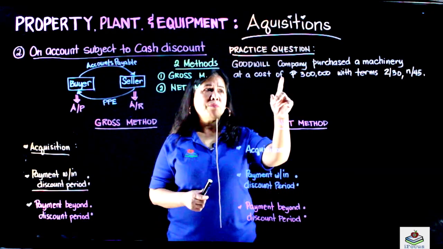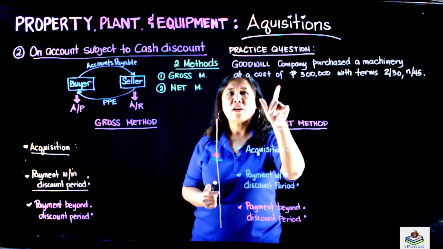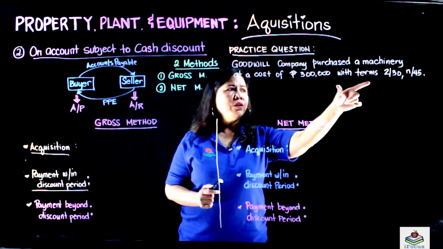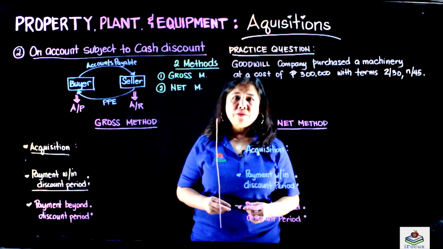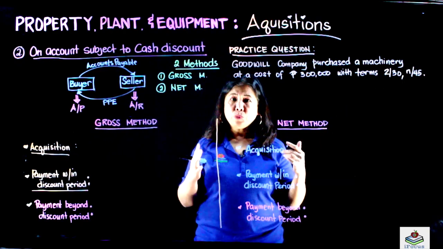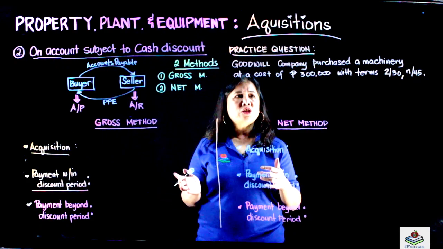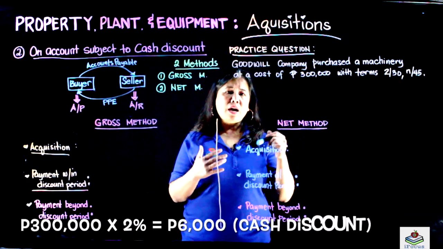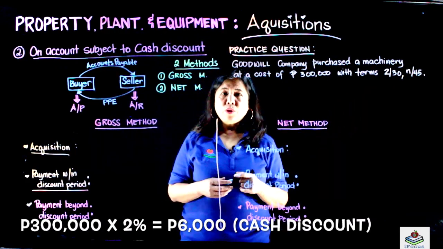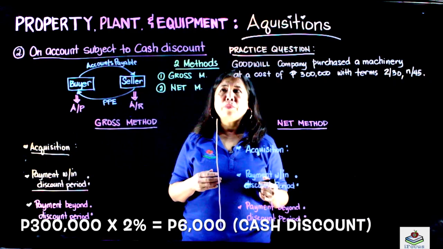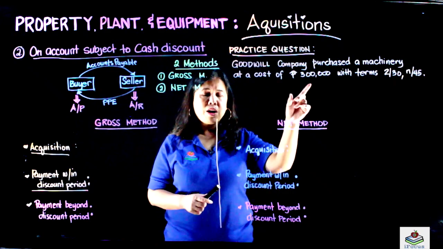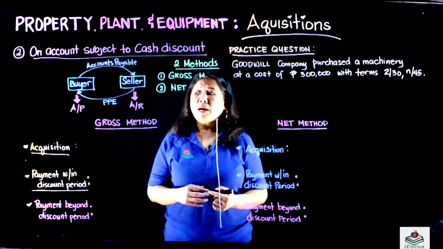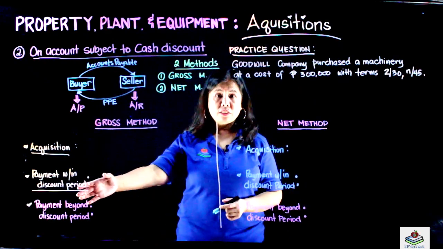So, Goodwill Company purchased a machinery at a cost of 300,000 with terms 2/30, n/45. Ibig sabihin, meron siyang 2% na cash discount, which is 300,000 times 2% is equal to 6,000. So, meron siyang cash discount of 6,000 on this practice question kapag nagbayad siya within the discount period.